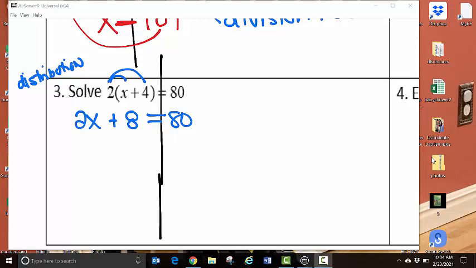Now we're going to use what? Are we going to get rid of the 2 first or the 8 first? The 8. I'm going to stop and tell you guys my little story. And so I want everybody to stop and pay attention to this. You're always trying to get x by yourself. You are x. Okay? Pretend that you are sitting on the couch.